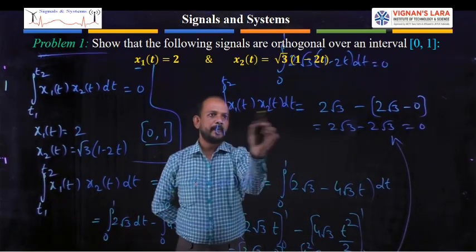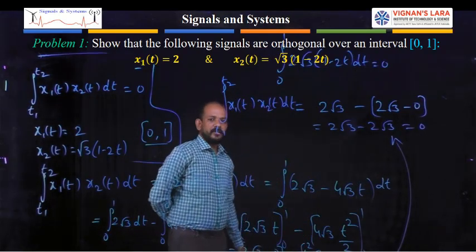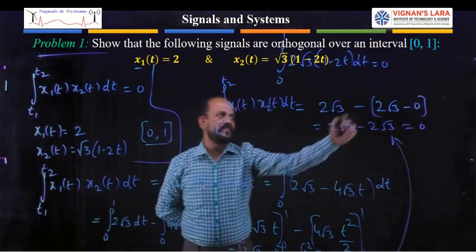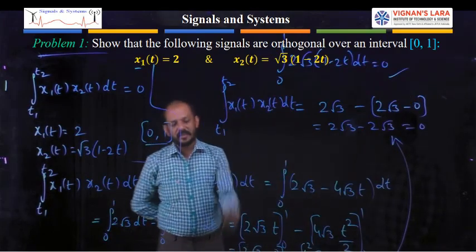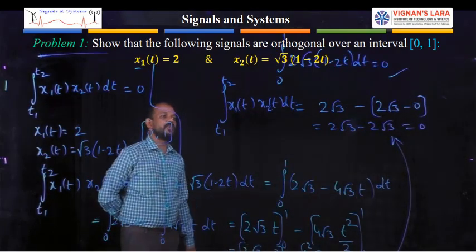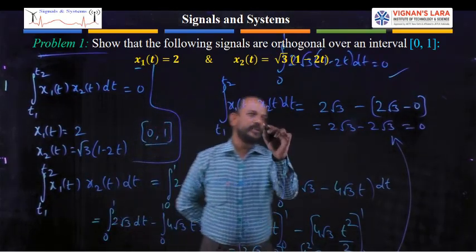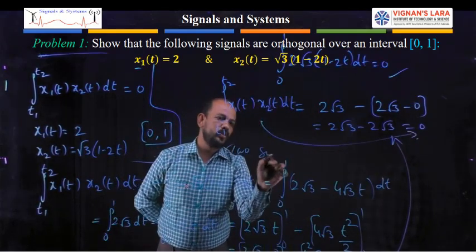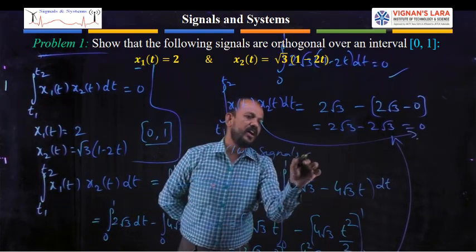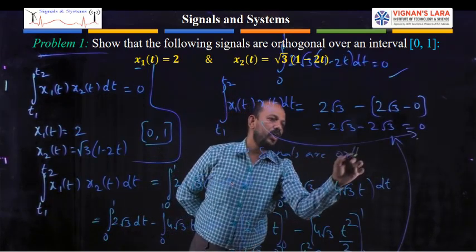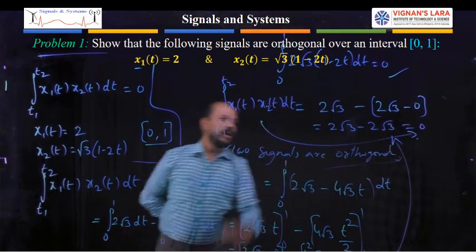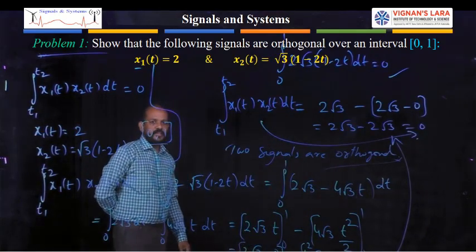That is, the integral of the product of the two signals over the given interval is 0. So we can say that the given two signals are orthogonal to each other.